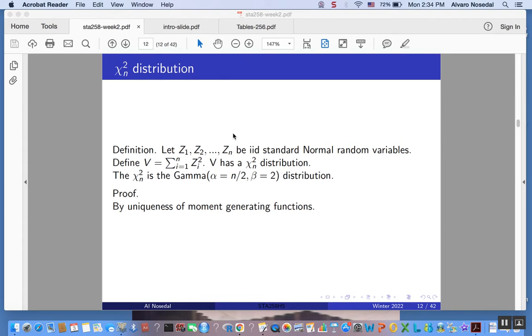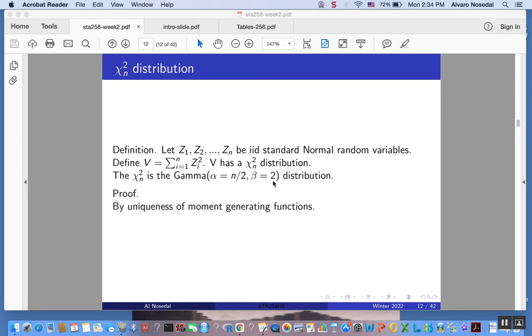So what we would like to show is that V has a chi-square distribution with n degrees of freedom, or something that is equivalent. We would like to show that V has a gamma distribution with parameters alpha equals n divided by 2 and beta equals 2. Okay, so let's do that.